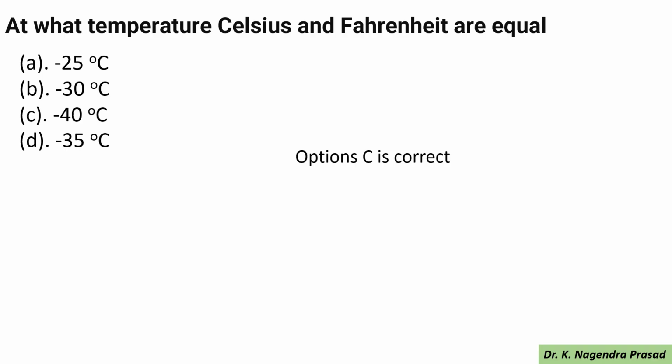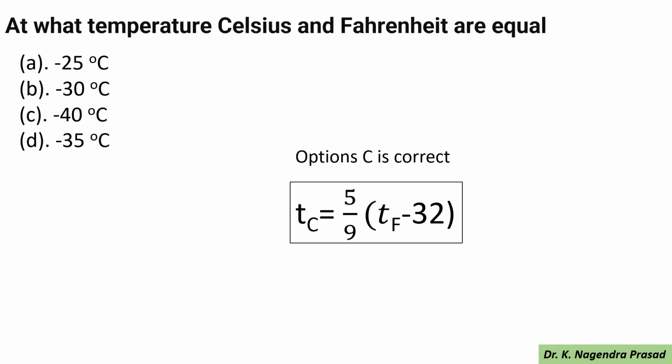So we will see the explanation. We know the relation Tc equals 5 by 9 times (Tf minus 32). Let's consider the temperature on Fahrenheit is minus 40, then Tf is minus 40. Then Tc equals 5 by 9 times (minus 40 minus 32).